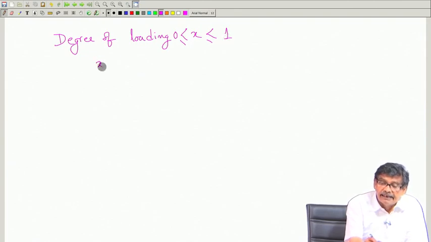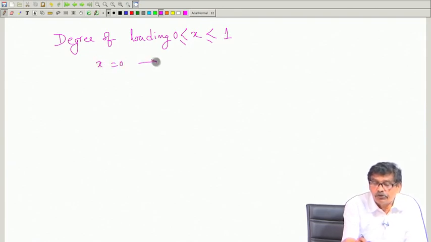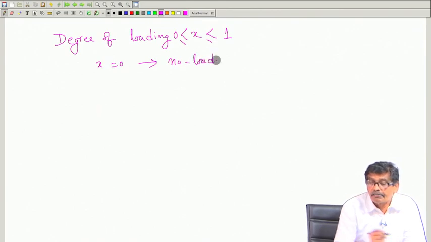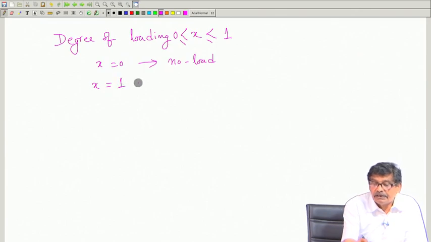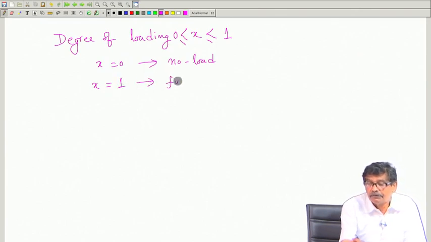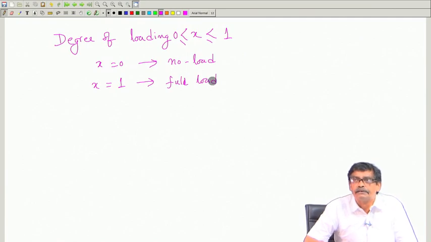I will say x equal to 0 means no load, and x equal to 1 is full load. And x can have any value; x equal to 0.5 means the transformer is 50% loaded.